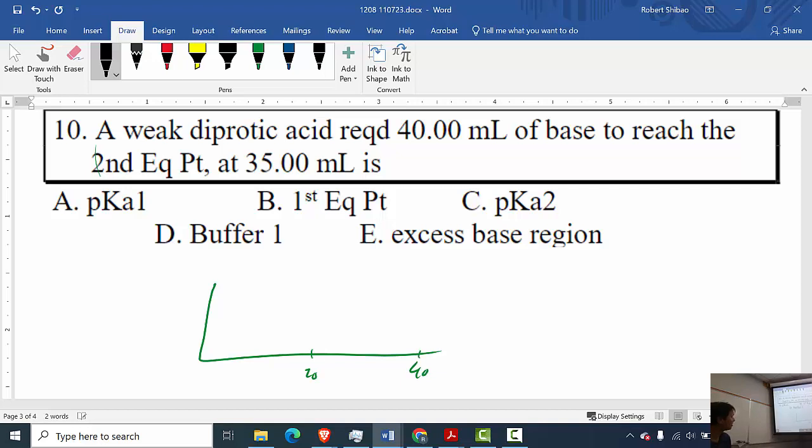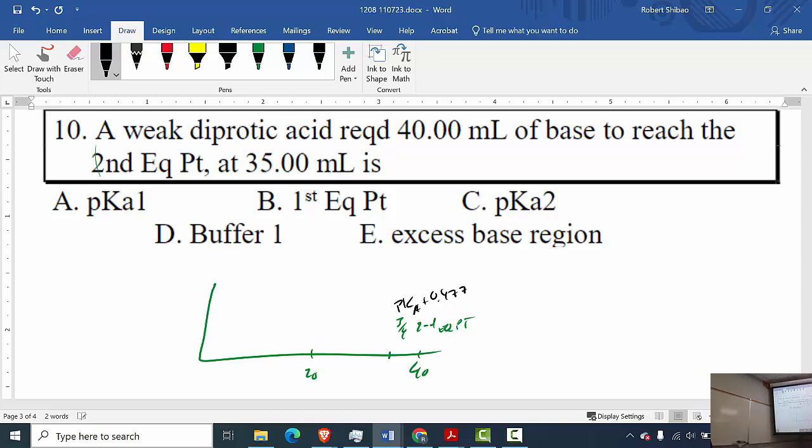And this is at 35, so this would be at 3/4 of the way to the second equivalence point. Is that correct? Yeah, that's what you're thinking. So pH is equal to pKa plus, what did you say? Log 3, which is 0.477.